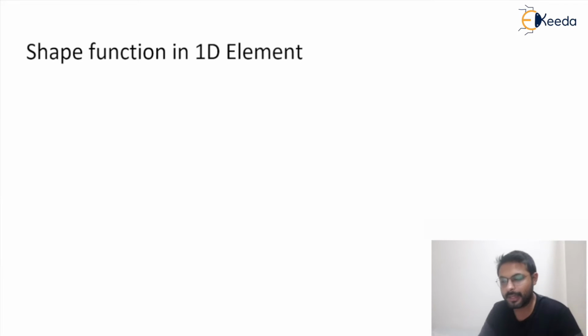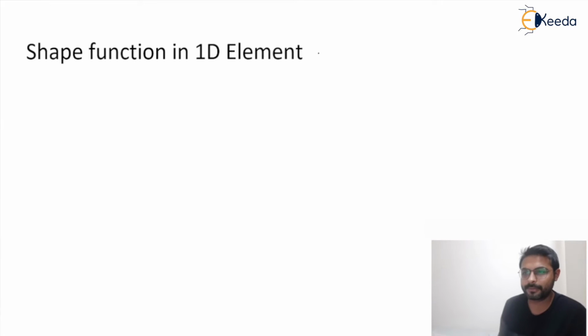Now, as you are aware, there are many types of elements available. From those elements, we have to choose one kind of element first. So first, we convert the engineering problem into smaller elements. We divide into smaller elements, and we choose any one kind of element first. So in this chapter, we are going to focus on 1D elements, that is one dimension elements.